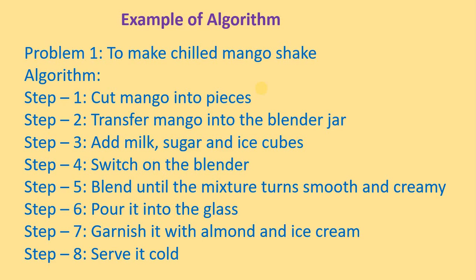You can understand from here that if I miss any step, cut off any step, or swap any step with another step, then the mango shake will not be tasty or nice, because every step here is important.